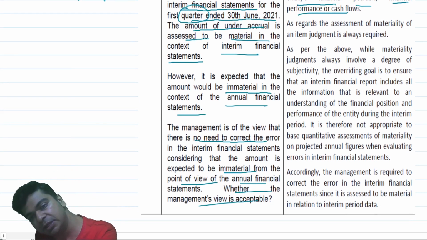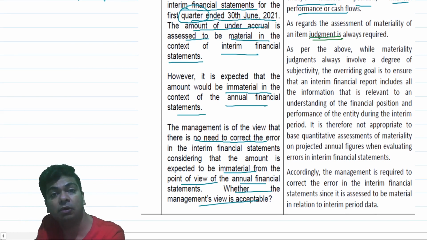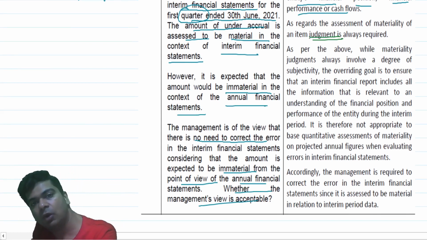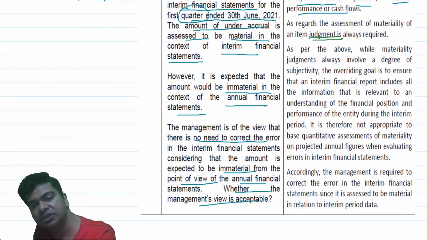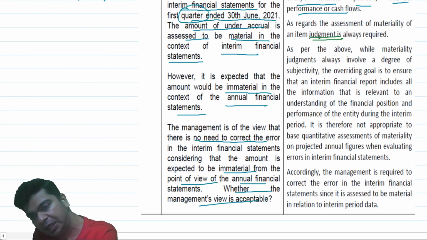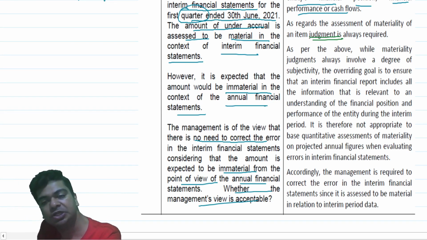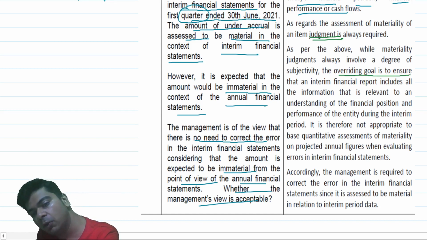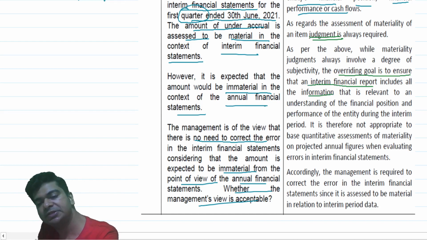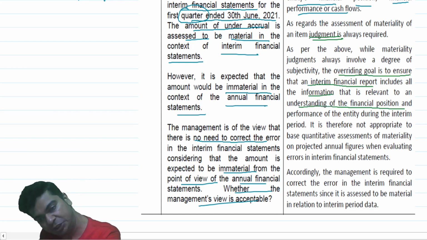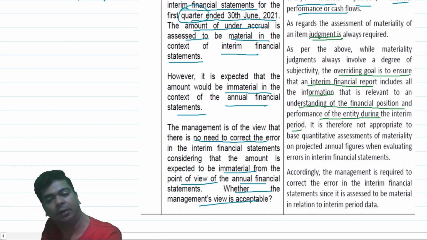Whether it is material or not material, there will always be a certain level of subjectivity. So judgment is definitely involved. While materiality judgments always involve a degree of subjectivity, the overriding goal is to ensure that an interim financial report includes all the information that is relevant for an understanding of the financial position and performance of the entity during the interim period.